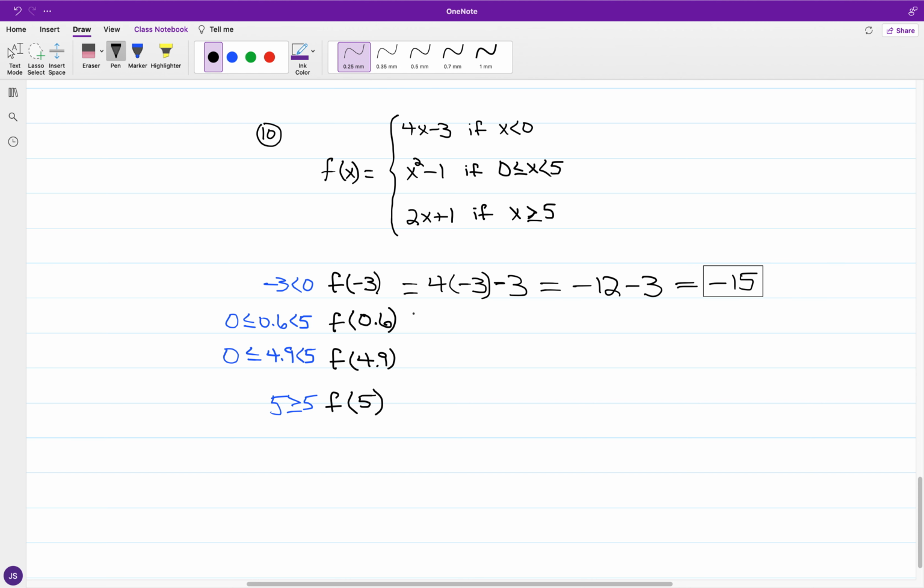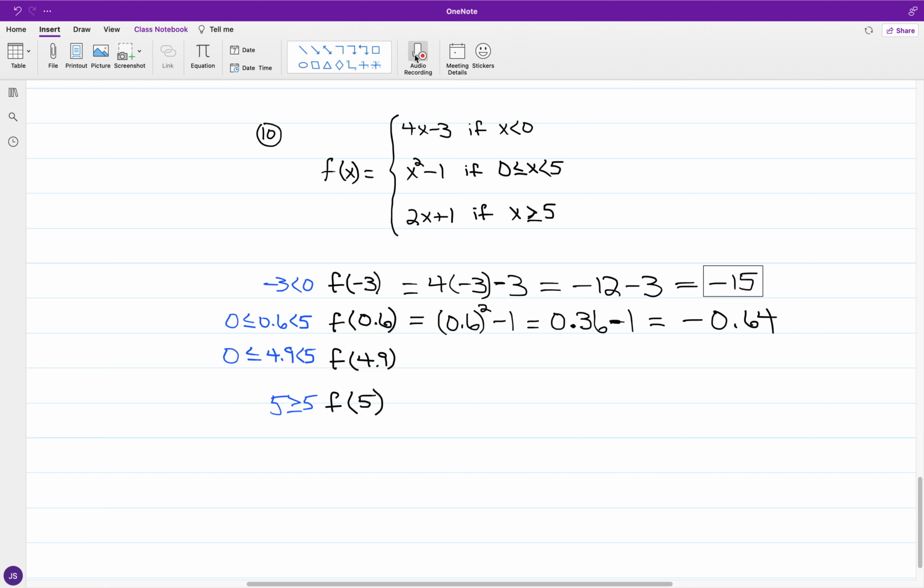And for f of 0.6, again, this number is between 0 and 5, and so we take the x squared minus 1 portion, and with x at 0.6, we got the square of this minus 1. 0.6 squared is going to be 0.36, and taking 1 away, we have a negative difference in this case, whereupon we have minus 0.64.